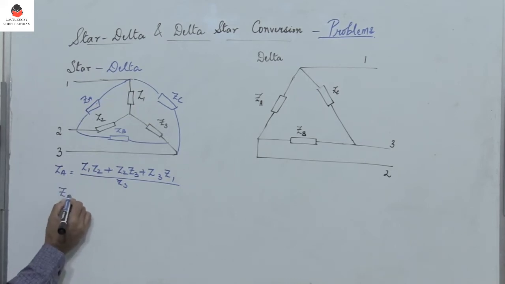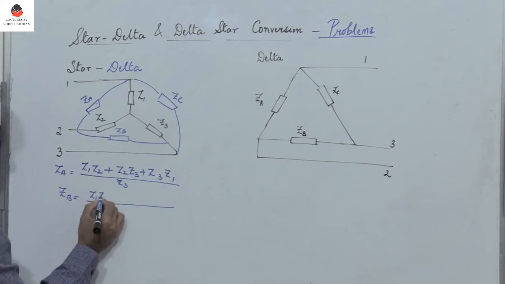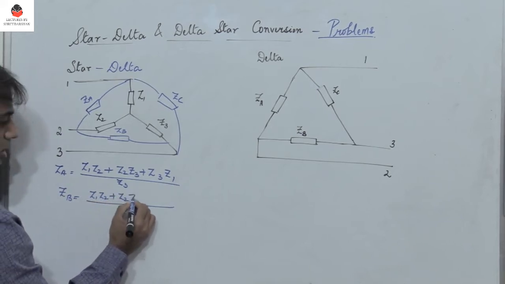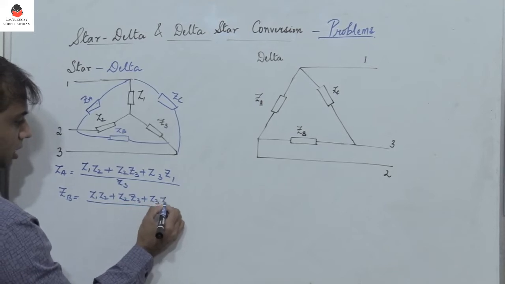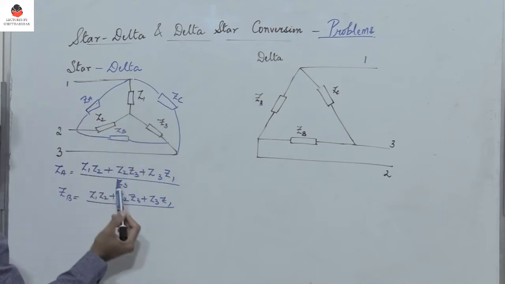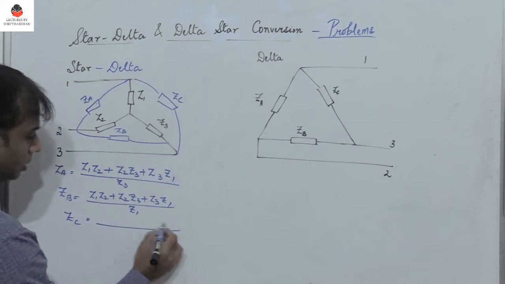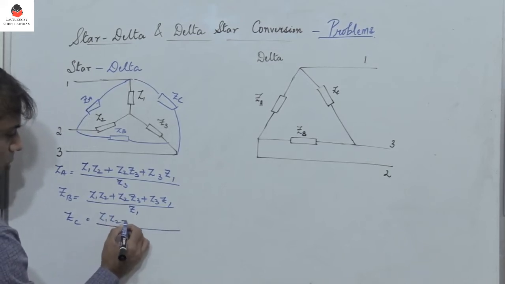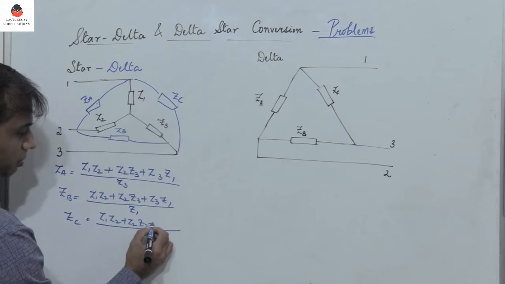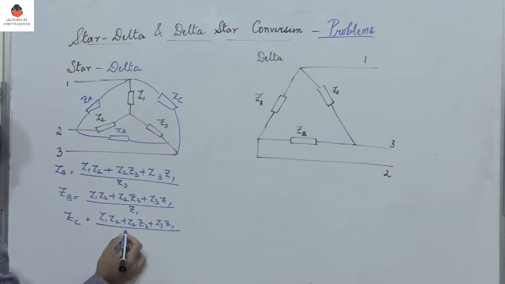If I have to find ZB, the numerator remains the same: Z1 Z2 plus Z2 Z3 plus Z3 Z1, and opposite to ZB is Z1, so divided by the impedance Z1. Similarly, if I have to find ZC, again the numerator remains the same, Z1 Z2 plus Z2 Z3 plus Z3 Z1, and the impedance opposite to ZC is Z2.